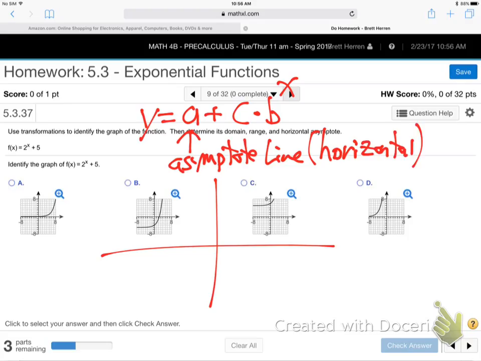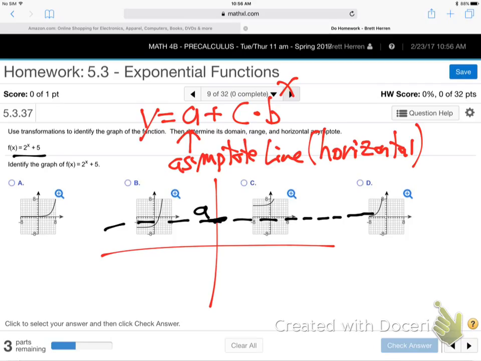Exponential graphs always have a horizontal asymptote, at A. So whatever that number is, in this case it's the 5, you see. The number added or subtracted without an x on it, that's going to be the asymptote. So like on this graph, the first thing I'm going to do when we go to graph that in a second is I'm going to go horizontal asymptote up at positive 5. That's what you start with, is that horizontal asymptote.